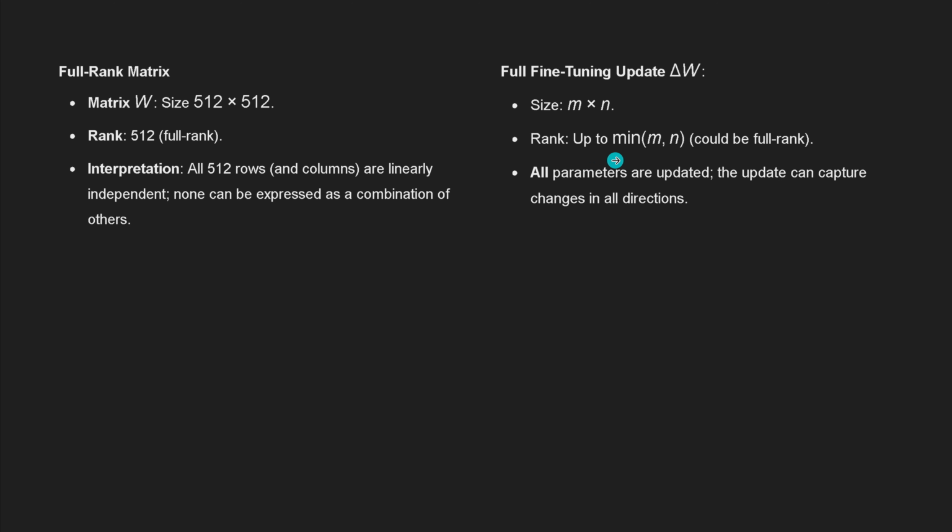So this means all the tensor parameters in our fine-tuned model are updated. And this update can capture all the changes in all possible directions, given the complexity of this tensor. So we have a matrix of size 512 times 512. We have a full rank of 512. This means all 512 rows and columns are linearly independent.